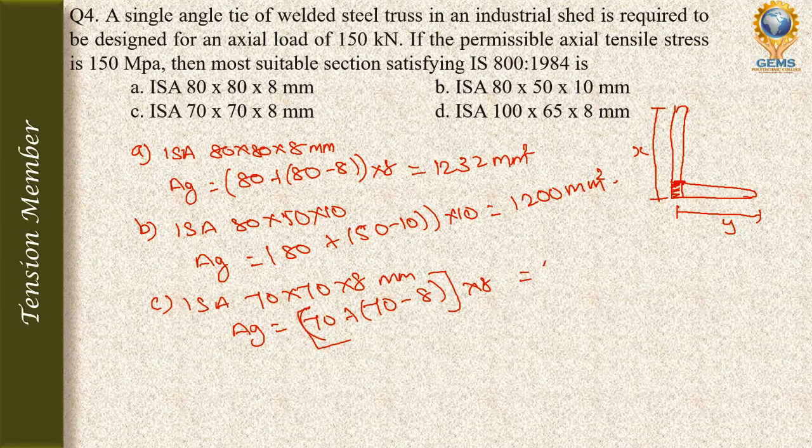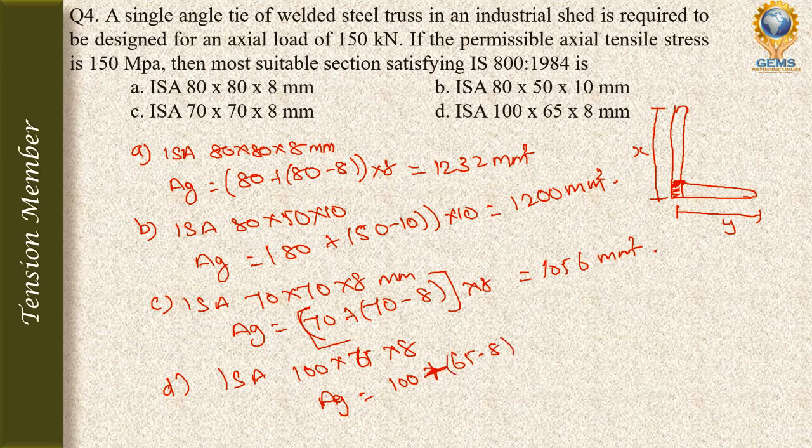It comes to 1056 mm square. And D is ISA 100 by 65 by 8. So the AG is (100 plus 65 minus 8) into 8. So it comes to 1256 mm square. So we have four areas.